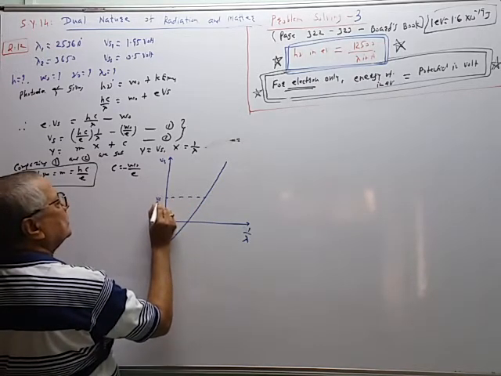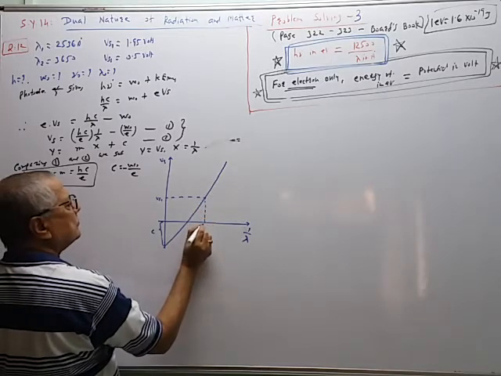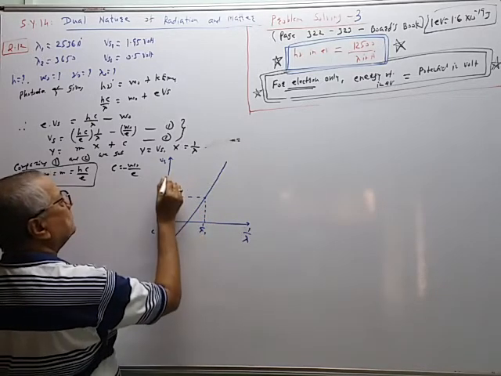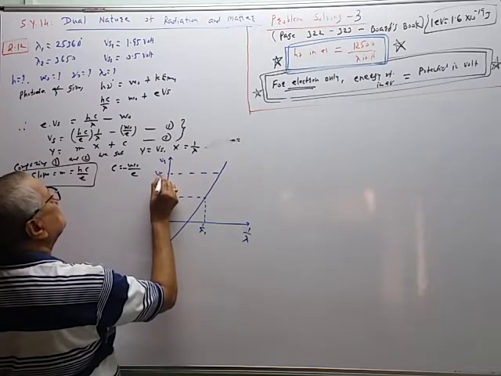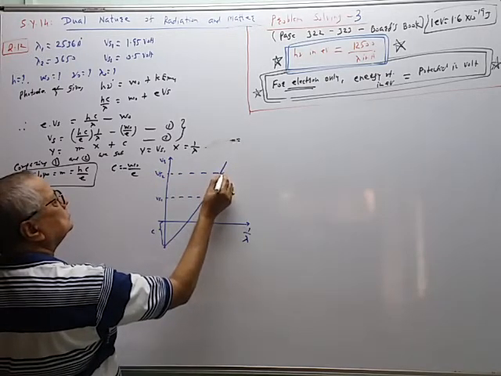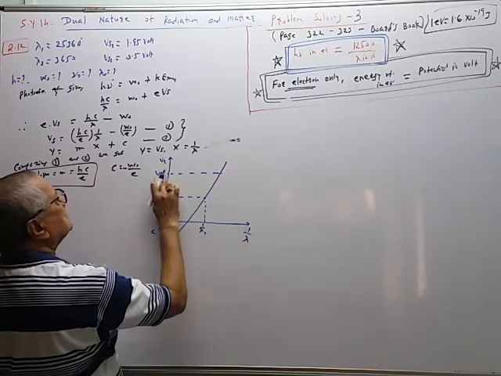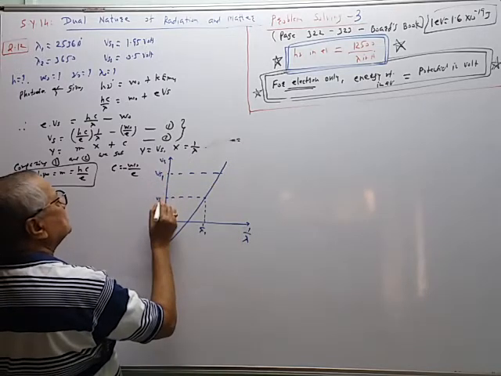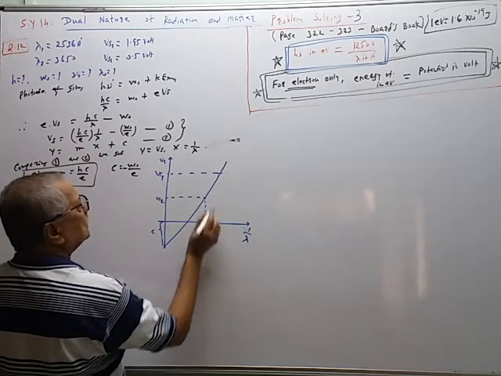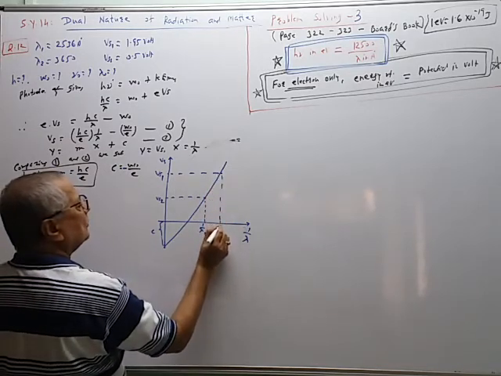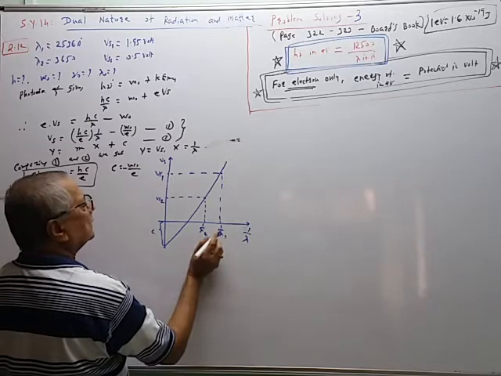Then this value is Vs1. Correspondingly, this wavelength is 1 upon lambda 1. This another potential is Vs2. Sorry, this is Vs1, this is Vs2 because Vs2 is less. This is 1 upon lambda 2, 1 upon lambda 1, like this.